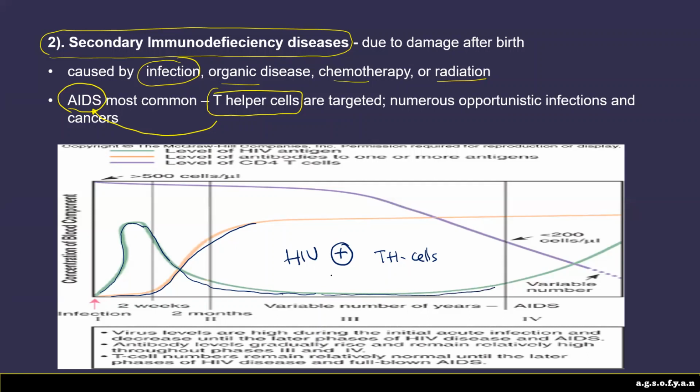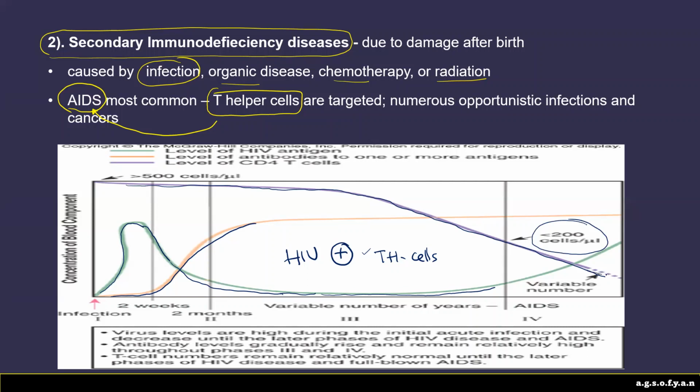At the same time, these HIV viruses will kill the T helper cells little by little. This line is for the T helper cell, until it reaches very low, less than 200 cells per microliter.